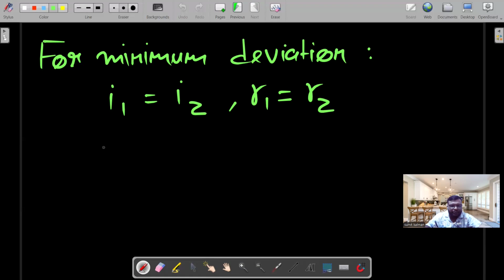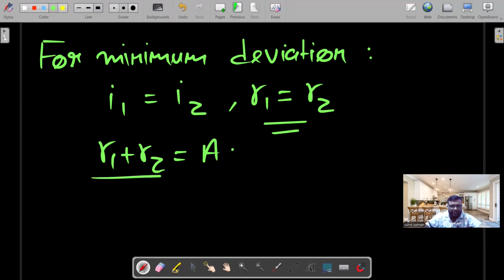And we know one more physical expression, that is R1 plus R2 is equal to A, that is angle of the prism. And here for minimum deviation, we know that R1 is equal to R2. So here we will use this condition in this expression.